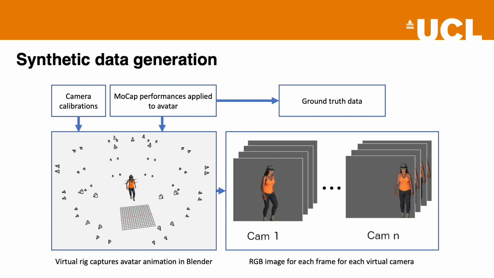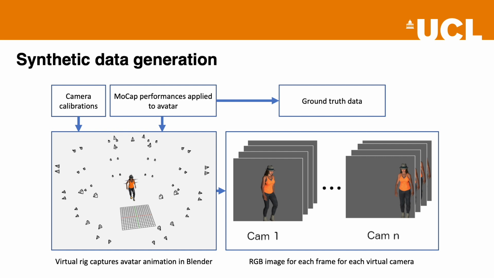So instead, what we do is we follow the examples in the literature, and we create a synthetic data set. In order to do that, we reconstructed the layout of the rig in Blender. So we took the camera calibrations from a real world shoot and applied them to lots of virtual cameras inside Blender 3D, a 3D software package.